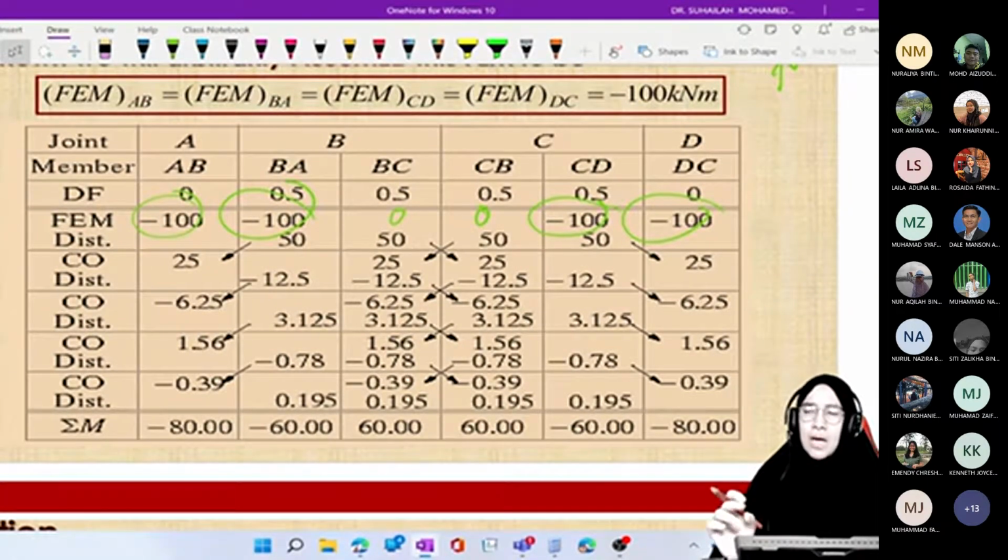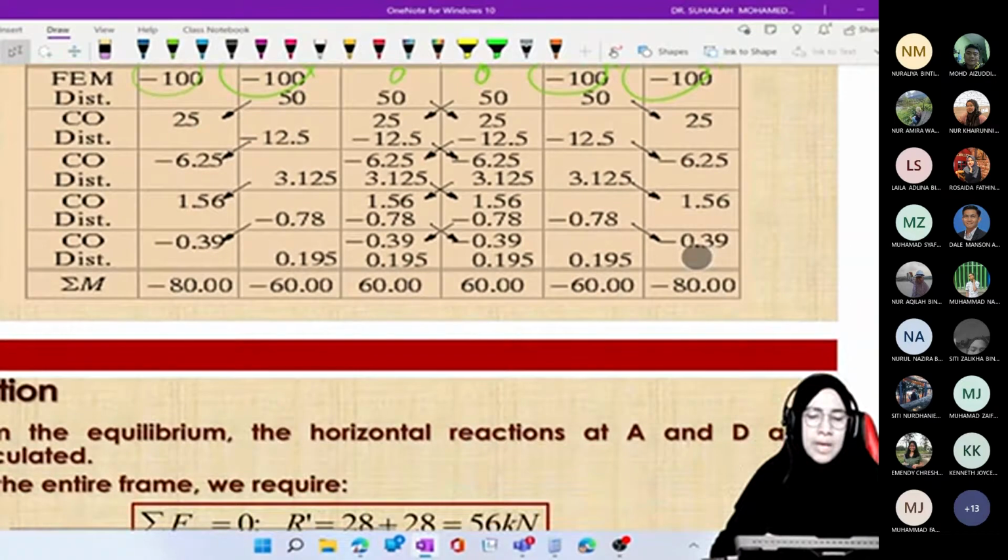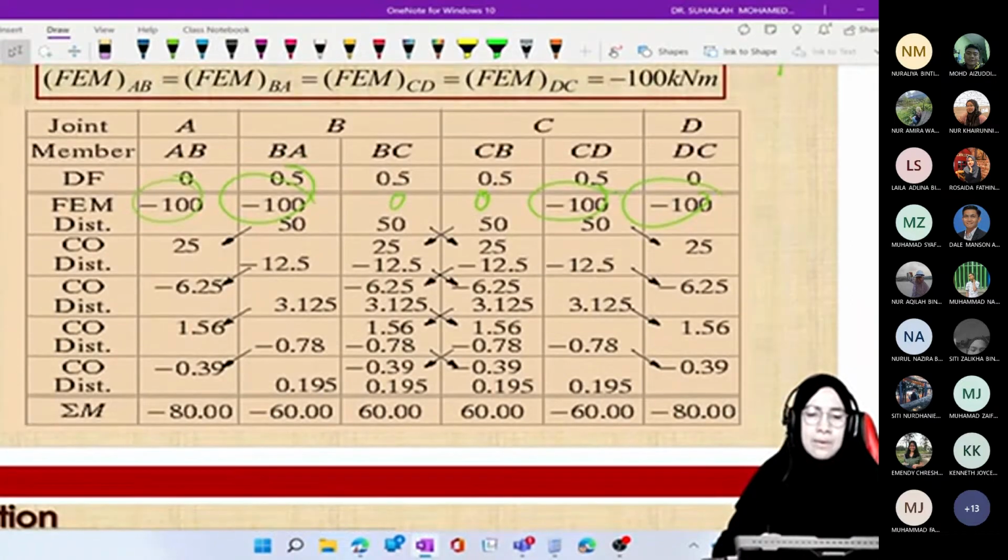That is why kalau you dah boleh set formula dalam Excel, you just need to change FEM value and you will get the end moment for the second table easily. Lepas dah dapat end moment from first table and second table, of course we need to calculate R value.